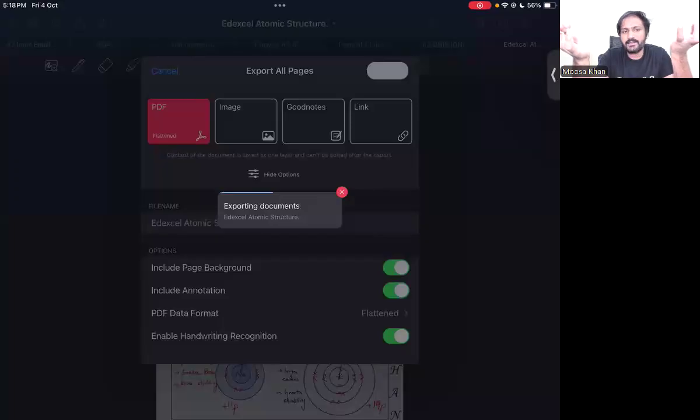Can you tell me how? Ionization energies increase across the period. Very good. I need an explanation of it as well.